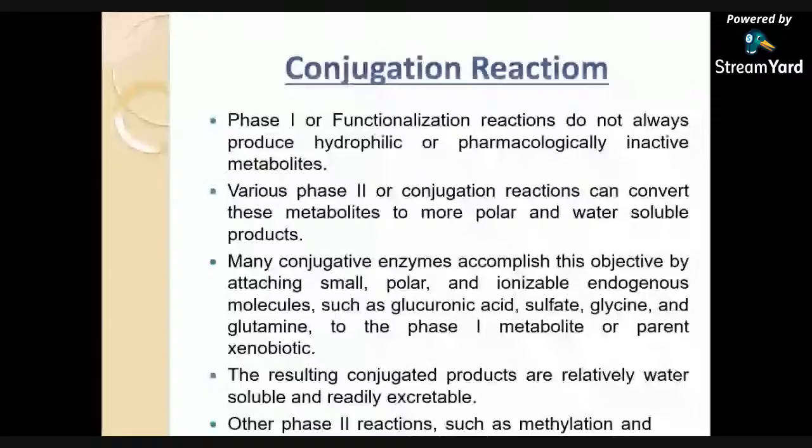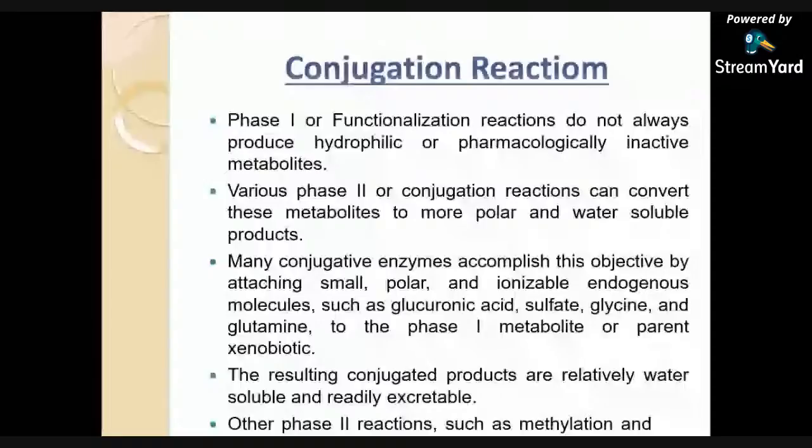Many conjugative enzymes accomplish this objective by attaching small polar and ionizable endogenous molecules such as glucuronic acid, sulfate, glycine, and glutamine to the phase 1 metabolite or the parent xenobiotic.